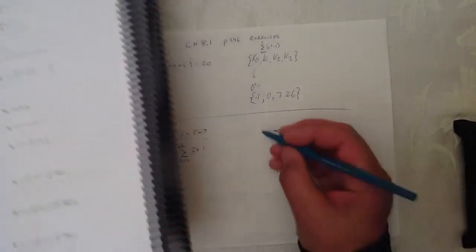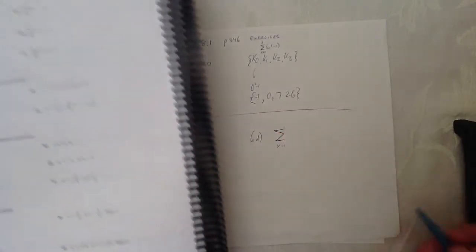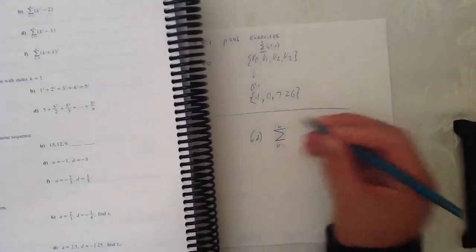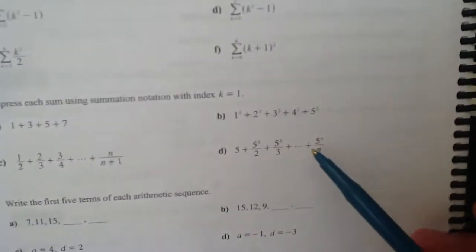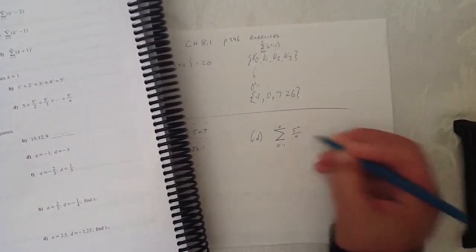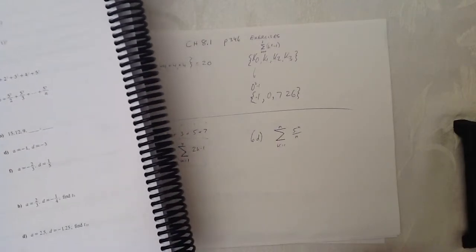This is 6D, by the way. So it starts at 1 and goes up to n. Told us that already because it goes up to n. And the formula is 5 to the n over n. And there's the summation notation for D.